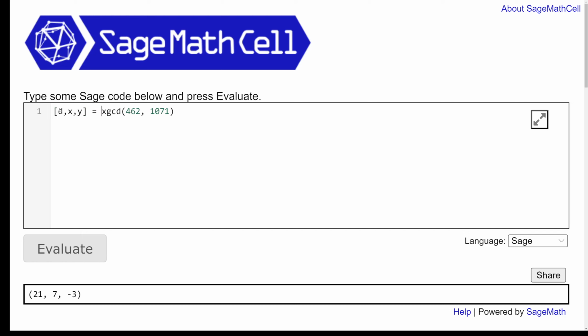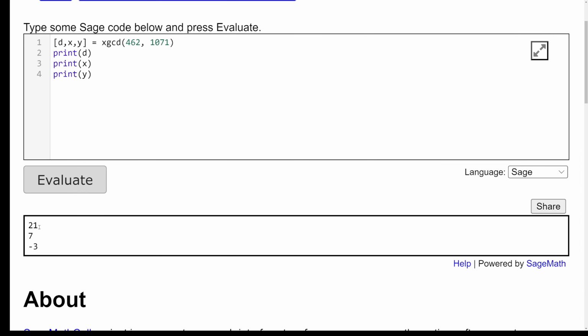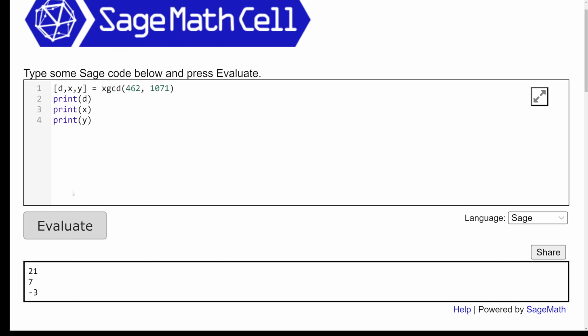So x will be 7 and y will be negative 3 if this works. Now, when we click evaluate, nothing's going to happen because we didn't ask it to print anything or show anything. We just said, hey, d is going to be the first thing, x is the second, y is the third. Let's go through and print each of them. Print just means display. Sure enough, d is 21, x is 7 and y is -3.